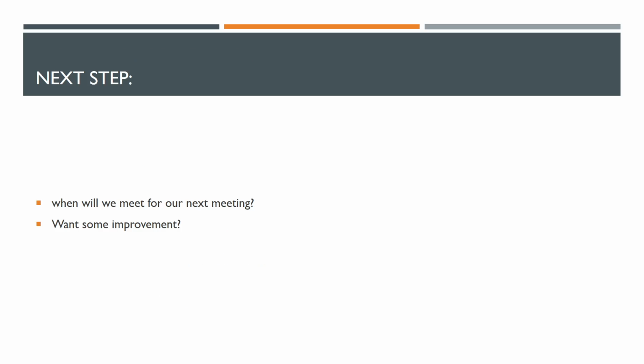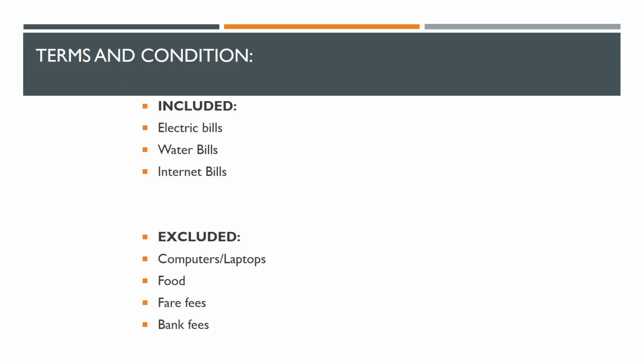Lastly is use anonymous recruiting so that there would be no bias. So the excluded is computers or laptops that would be used, food, also the fare fees and the bank fees.